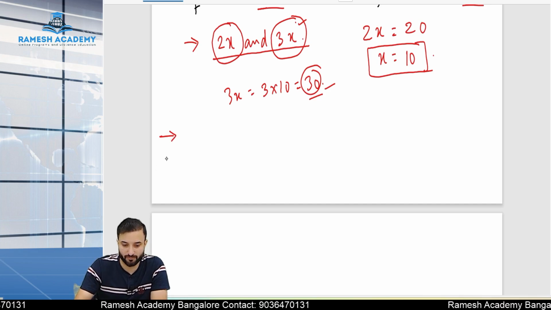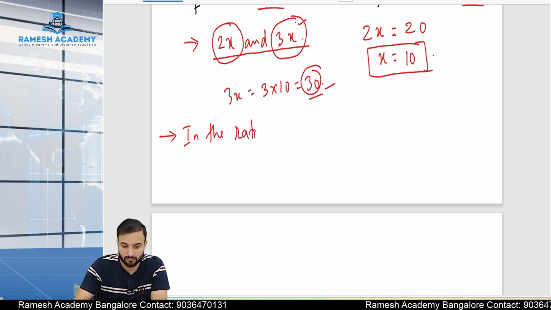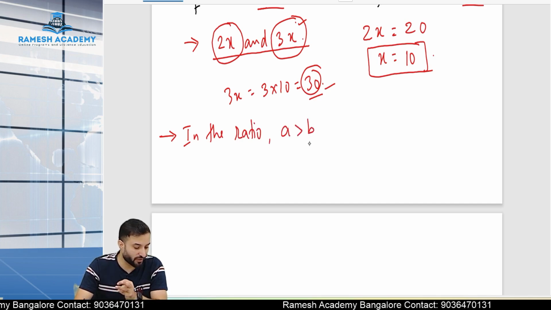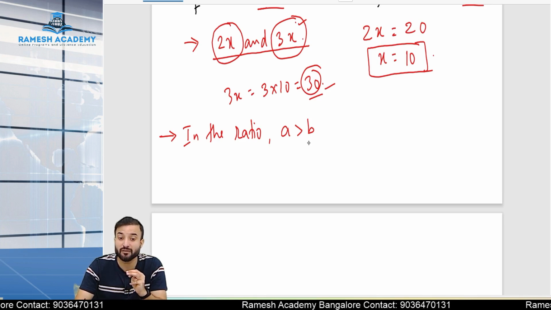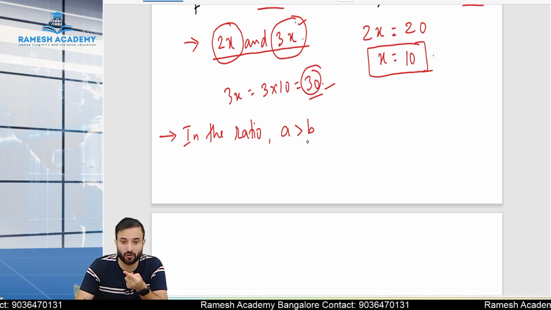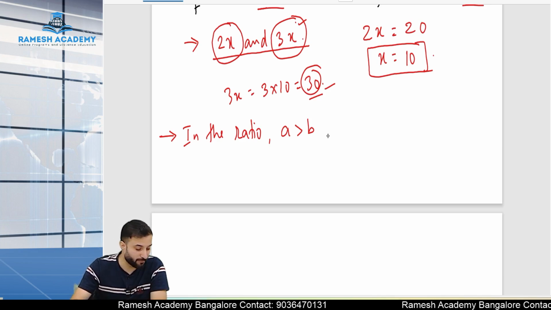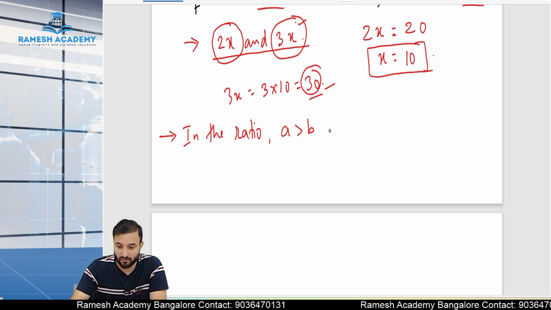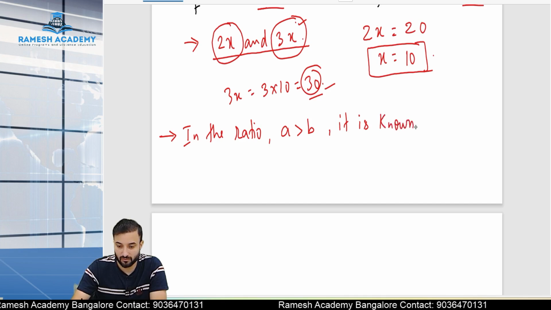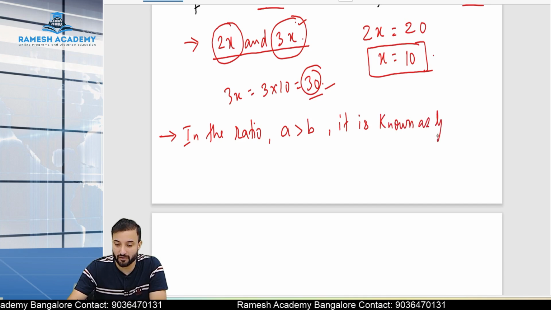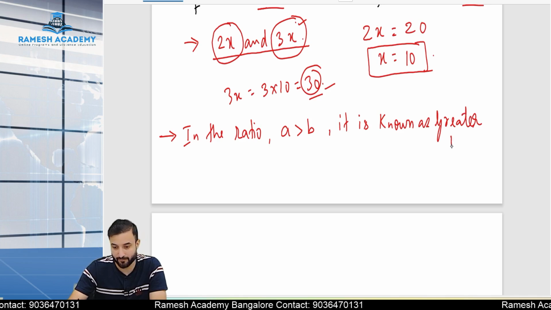Now next thing, suppose we have a ratio. In the ratio, if A is greater than B, meaning numerator is greater than denominator, or antecedent is greater than consequent, it is known as greater inequality.